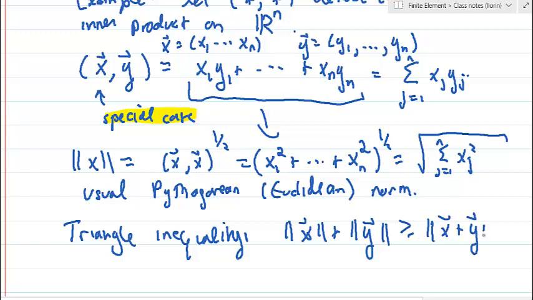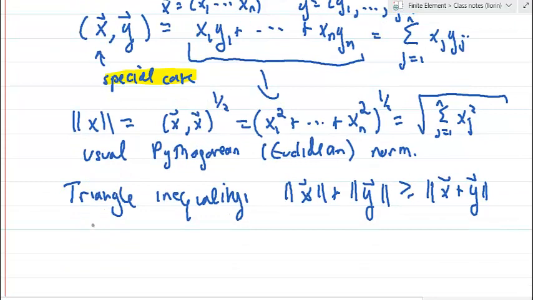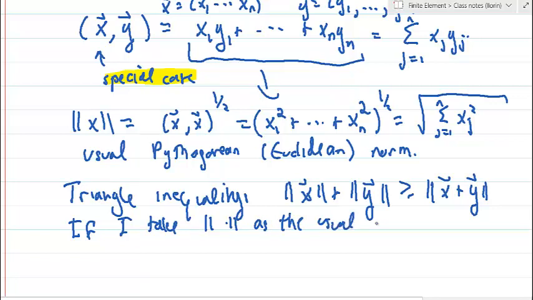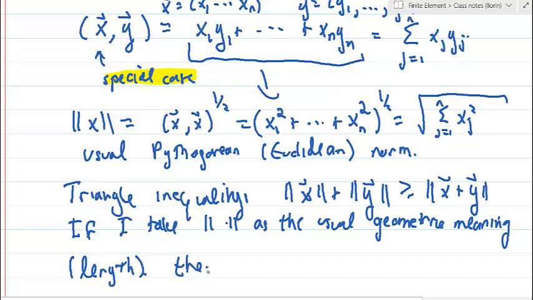And this has a geometrical interpretation. So if I take this norm as the usual geometric meaning, the usual geometric meaning of norm is the length. Then I have a geometrical interpretation.